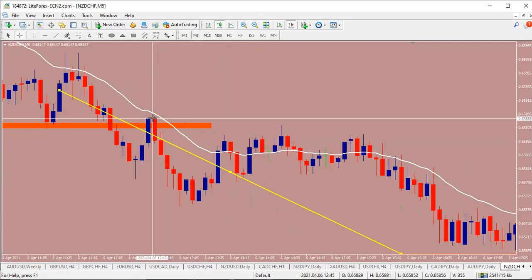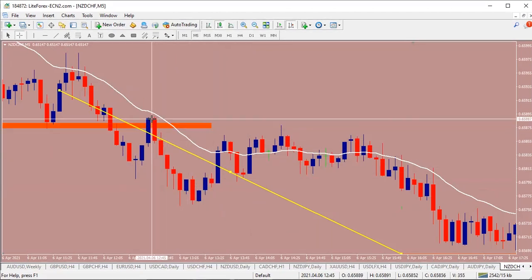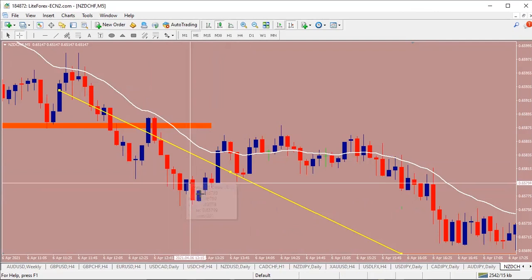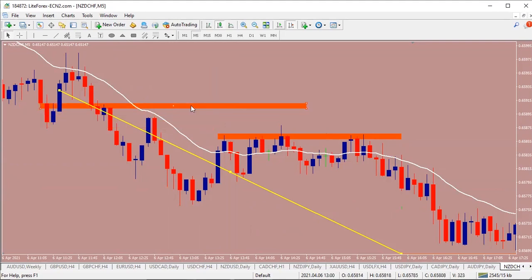No, not this moving average or another thing. From this area, I will take my entry from this area. Now another area of entry presented itself here. If you look at it, this particular place did not break this market structure that is there, right?